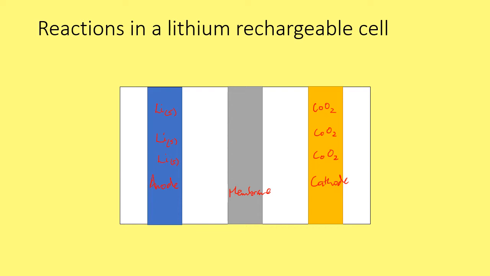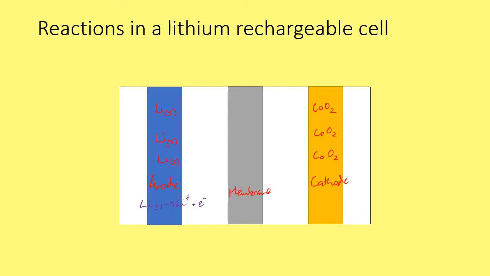So the reaction that happens at the anode when you're using it, i.e. discharge, let's change colour to a bit of purple. Our lithium solid gets ionized into a lithium ion and releases an electron.